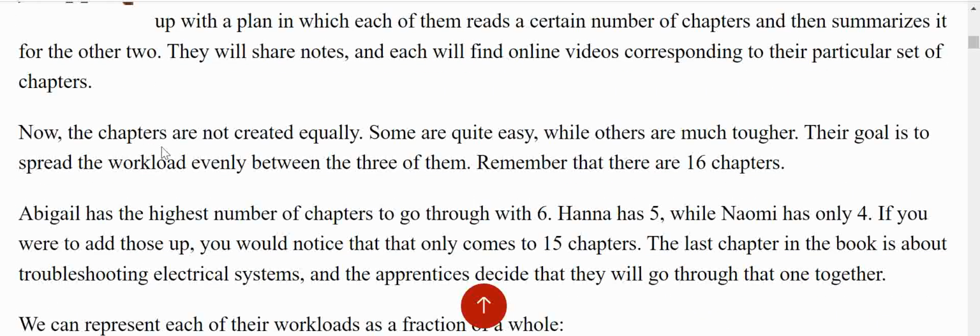Now, the chapters are not created equally. Some are quite easy, while others are much tougher. Their goal is to spread the workload evenly between the three of them. Remember that there are 16 chapters.